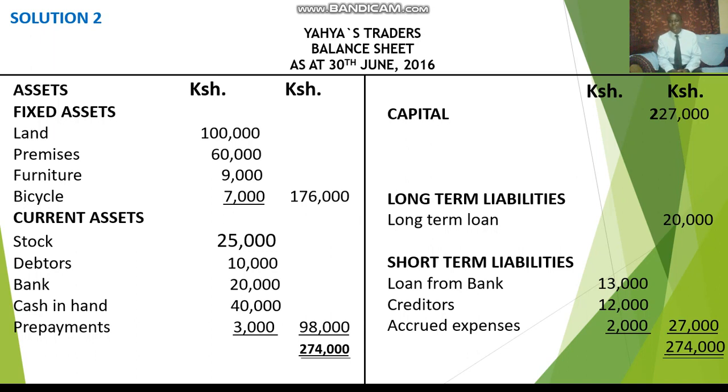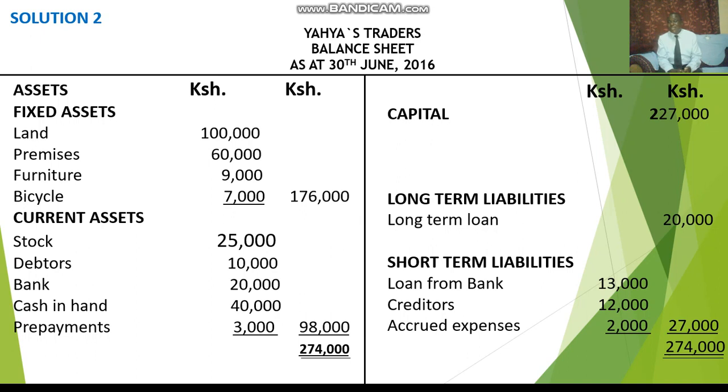Now, when we come to the right-hand side, we have the long-term liabilities. We have long-term loan, which is 20,000. Then we go to short-term liabilities. We have loan from bank, that's 13,000. We have creditors, 12,000. We have accrued expenses, 2,000.